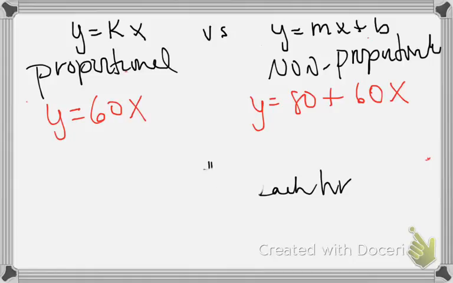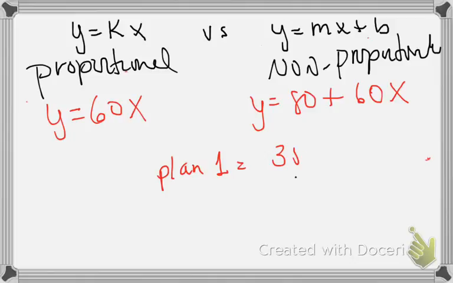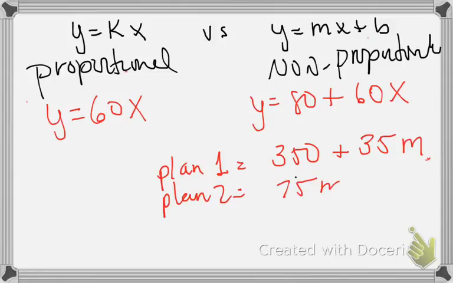Let's say you're wanting to go to a gym, and the gym says you have two plans. Let's say plan one is $350 for setup, plus an additional $35 a month. Let's say plan two says instead of that you can just pay $75 a month.